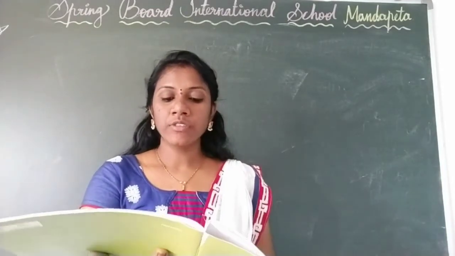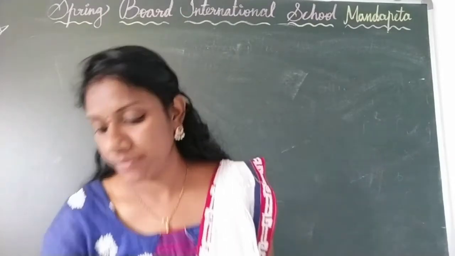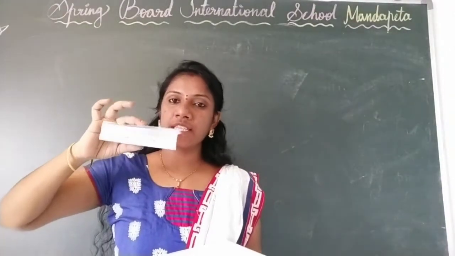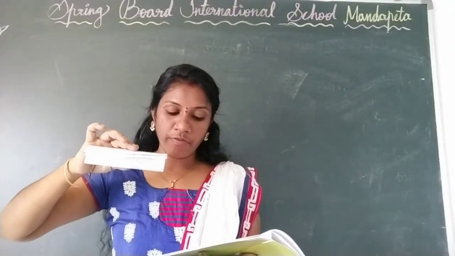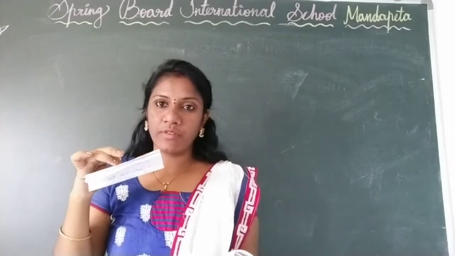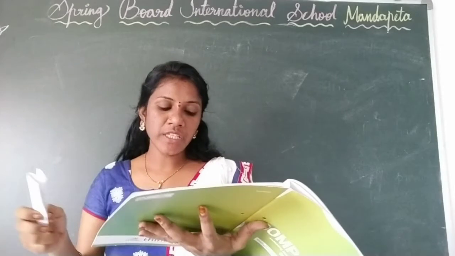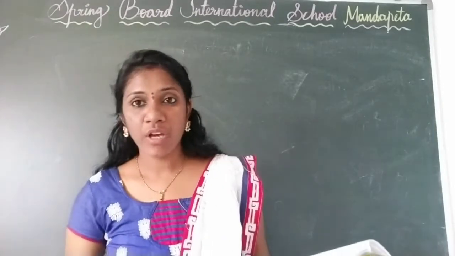On the first fold or pleat, write the name of your booklet and decorate it. For example, this is the first pleat or the first fold. On this first fold you have to write the name of this lesson and decorate it. After that, choose any 3 vitamins. You have so many vitamins.